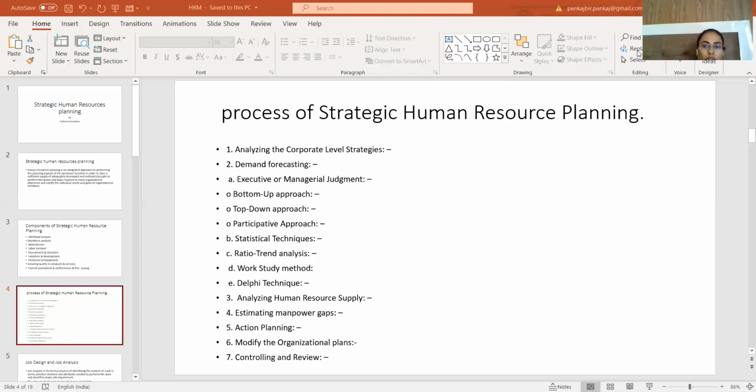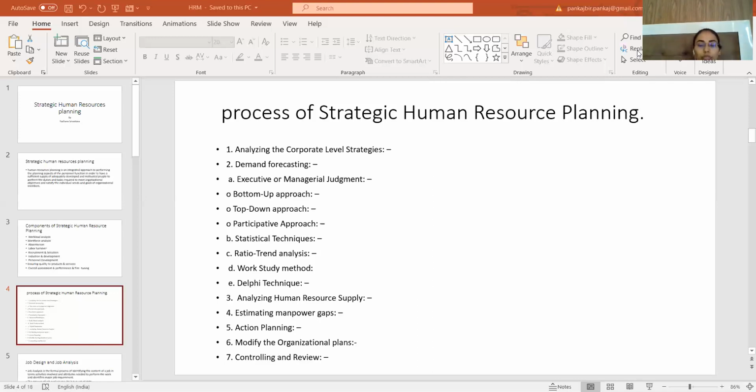Forecasting of quality and quantity of human resource, like the amount of human resource required, as well as the skills, knowledge, ability, value, capability needed in addition to the quantity, is done through various methods.